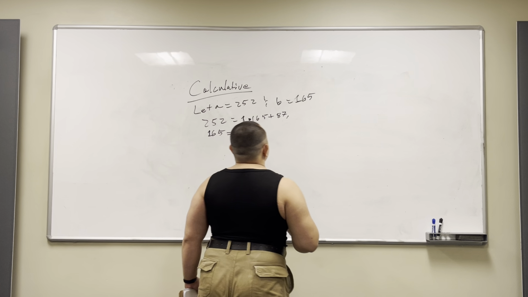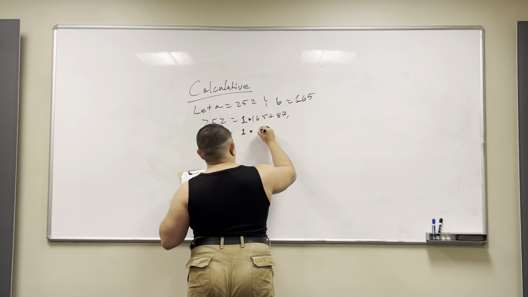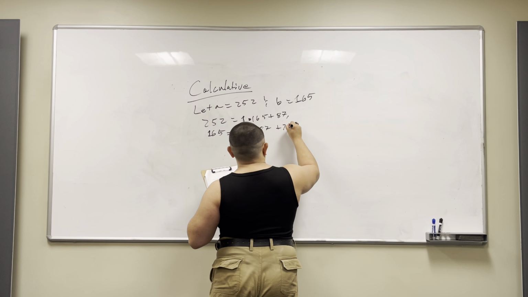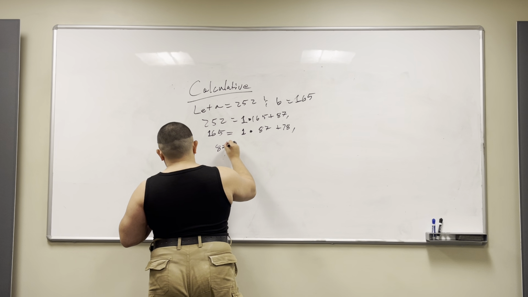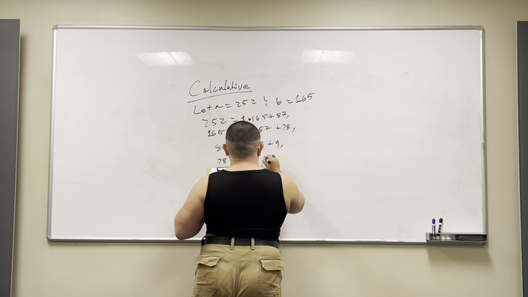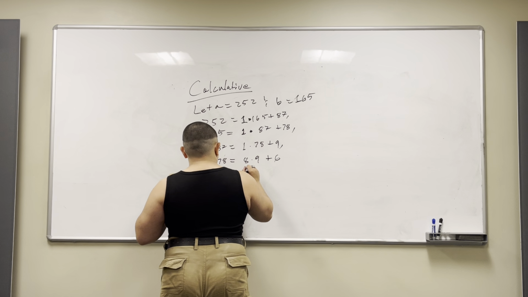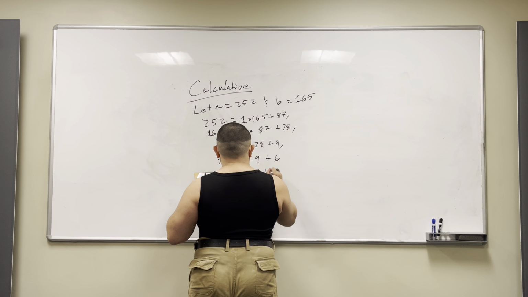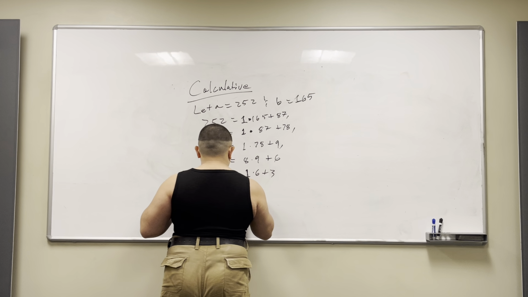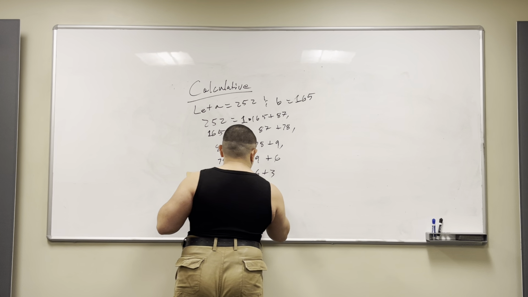But 165 is equal to 1 times 87 plus 78. 87 is equal to 1 times 78 plus 9, and this is very valuable because the cryptographic applications of this stuff are enormous. 78 is equal to 8 times 9 plus 6. 9 is equal to 1 times 6 plus 3. 6 is equal to 2 times 3 plus 0.